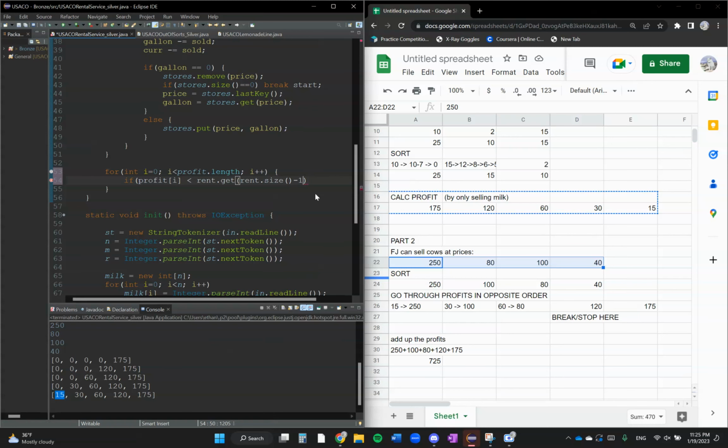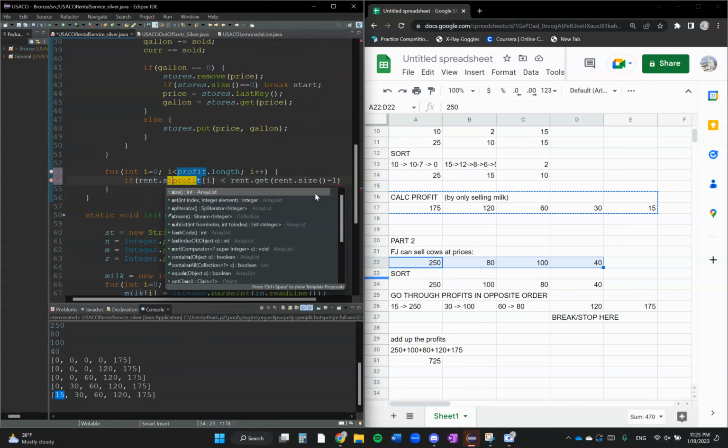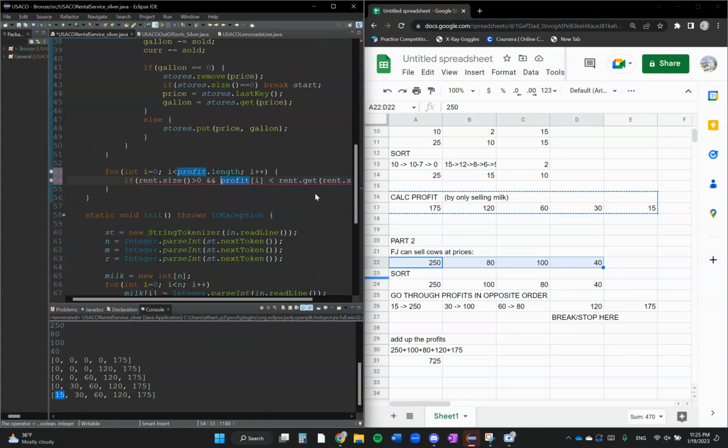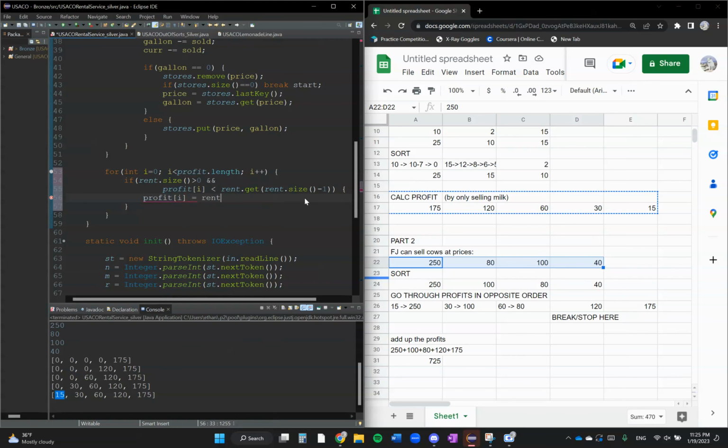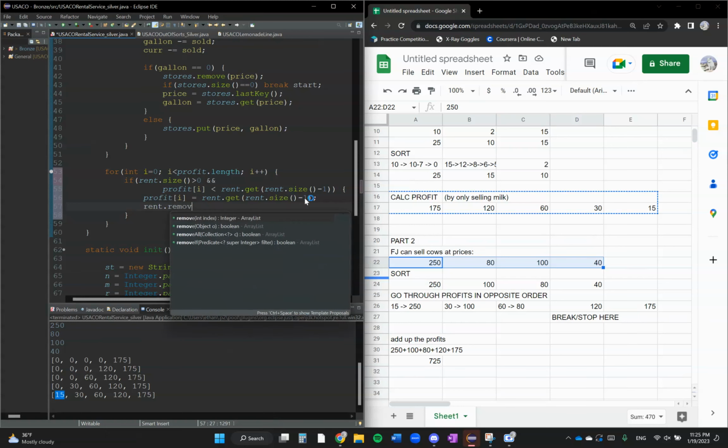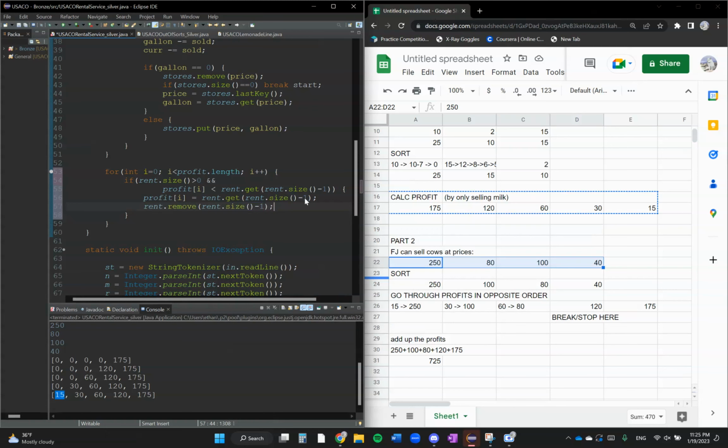So if rent.size is greater than 0 and profit of i is less than rent.get rent.size minus 1, then what we can do is we can just update the profit. So profit of i equals rent.get rent.size minus 1. And then we have to update rent because we can't sell multiple cows to farmers. They only want one cow. So rent.remove rent.size minus 1, and that's going to be the index.